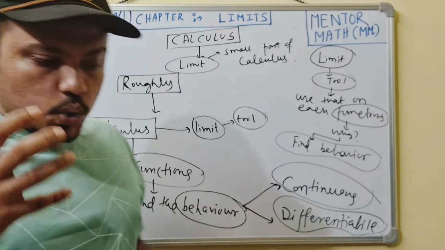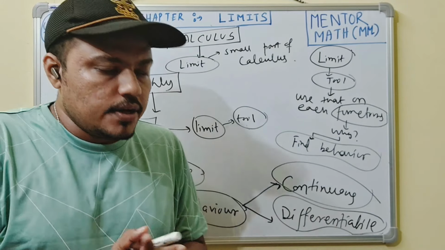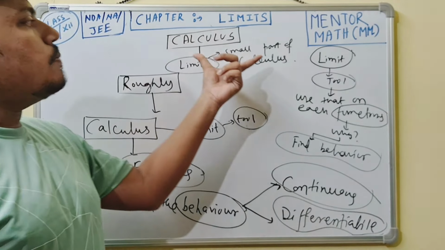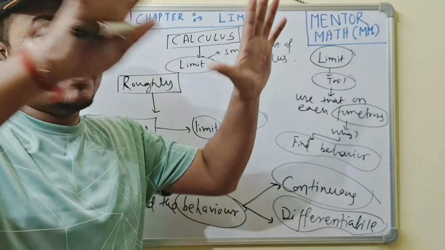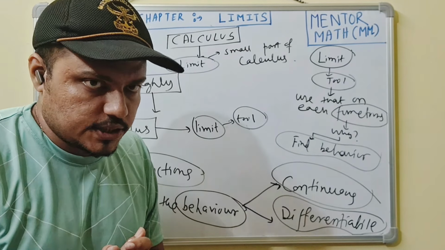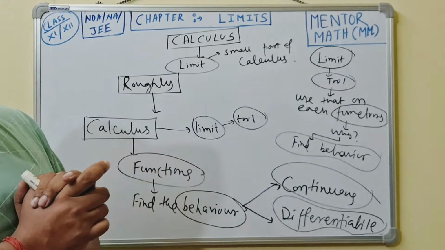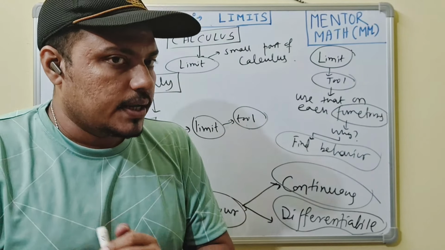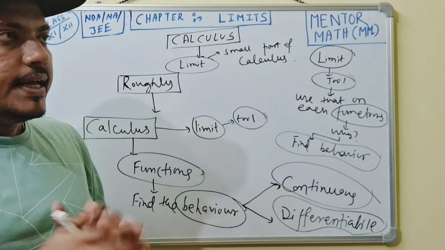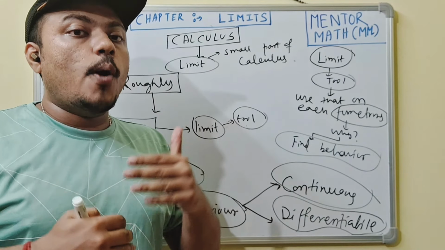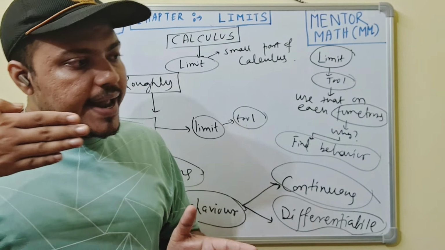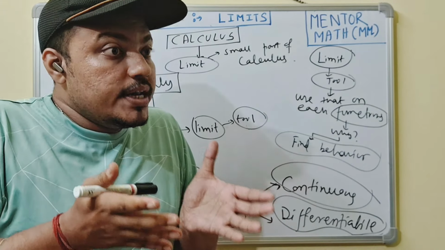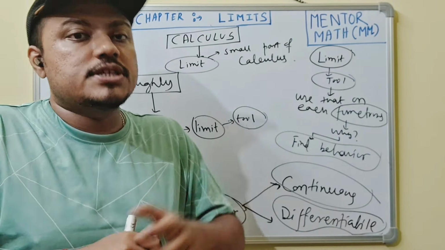Whenever you go to study limit, the first thing is that limit is a small part of calculus, because calculus is a vast topic of mathematics. Roughly think that calculus is one kind of room, and you have to enter that room, so you need a key, because that room is locked.